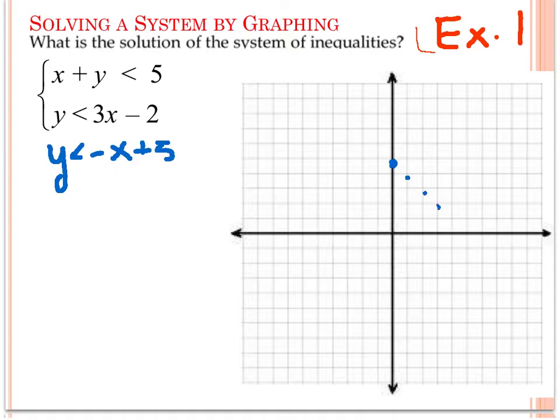I didn't even say that right. Down 1, right 1. Say that 5 times fast. Okay, up 1, left 1. Okay, and then I'm going to connect my dots.